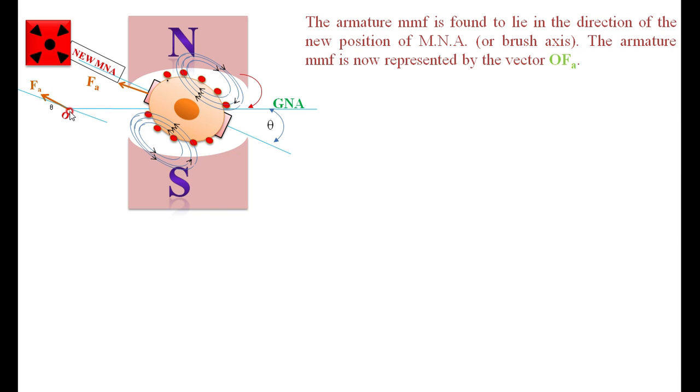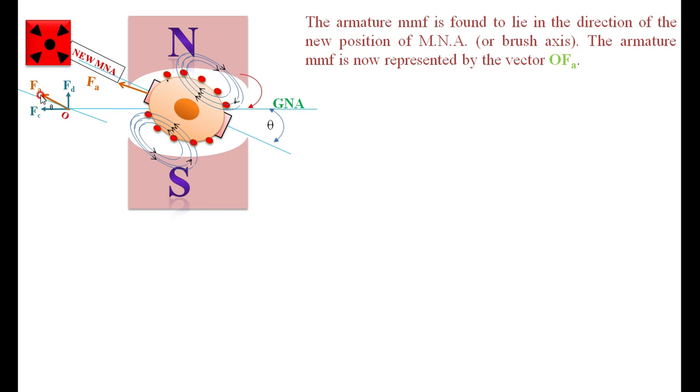If we resolve it along the polar axis as well as the GNA, it has two components. One is FC, which is along the GNA, and the other is FD, which is along the polar axis.